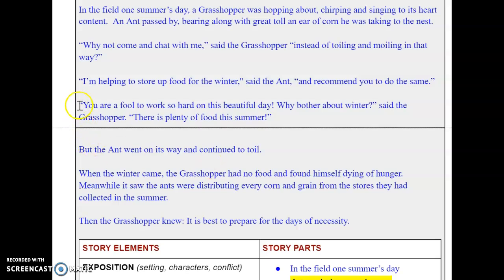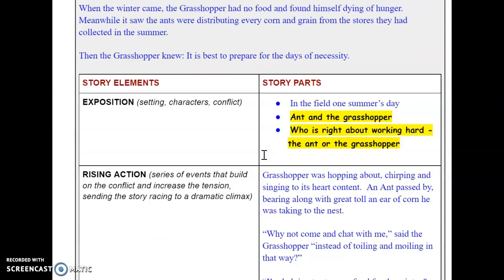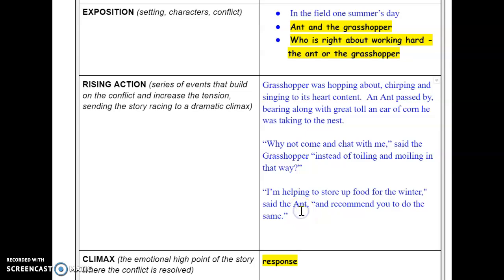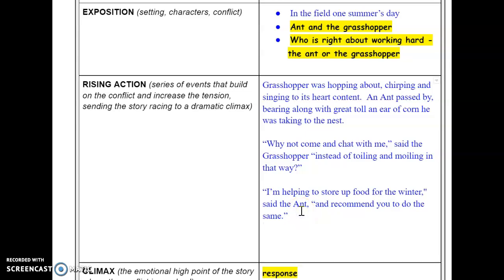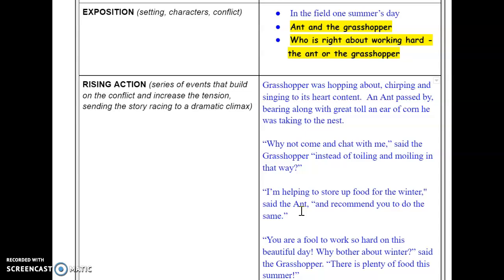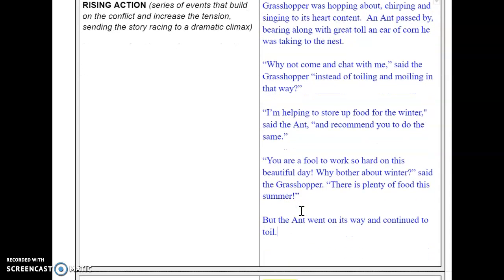And I think these two are important too. It's a very short story, so we're basically copying the story. If it was a long story, we would just summarize. So I'm going to put this here too as another rising action, where the grasshopper says that the ant's a fool, but the ant keeps working hard.